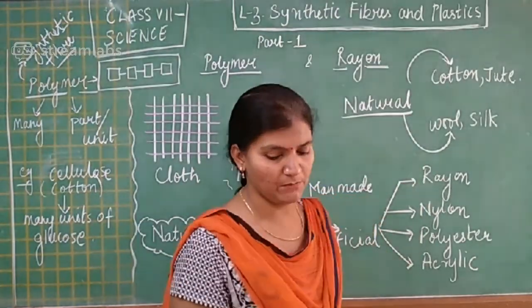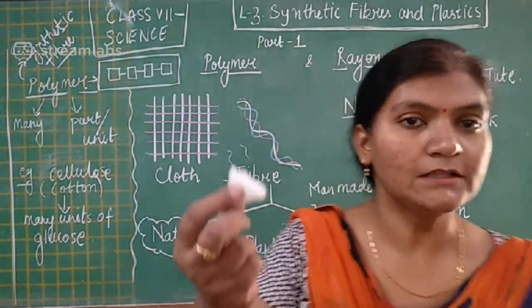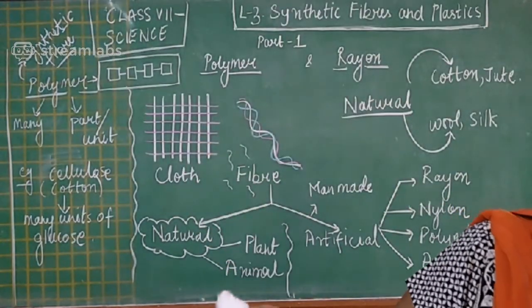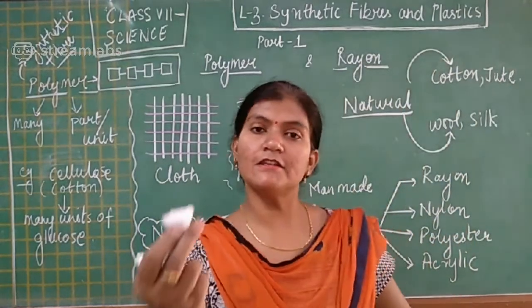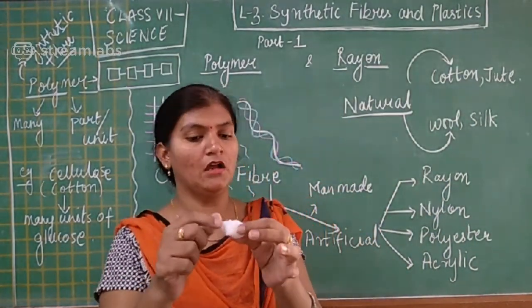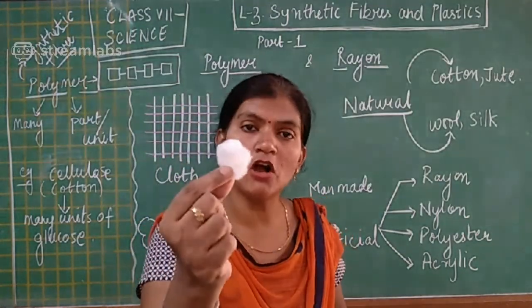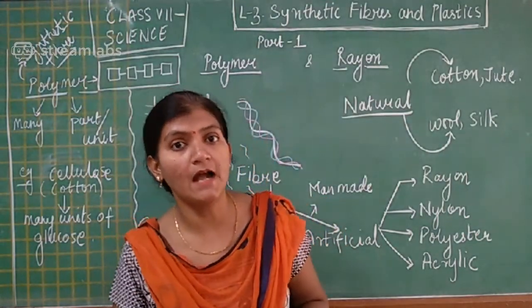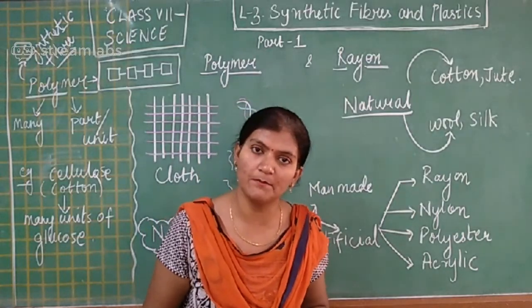First, the plant fiber. Here, students, I am holding a small piece of cotton in front of you. This cotton is obtained from a plant, and the name of the plant is the cotton plant.